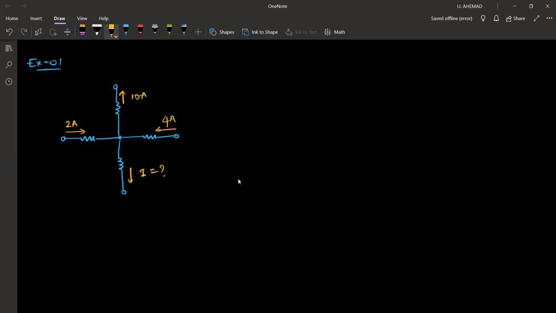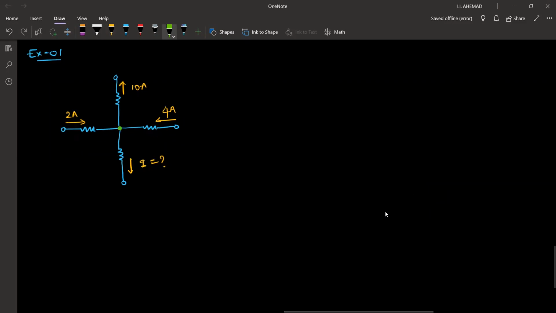What is the current I? Can you remember the convention? The current towards the node, or the current entering the node, is positive, and current leaving the node is negative. So according to that, apply and find.